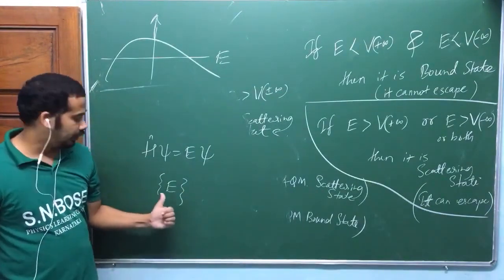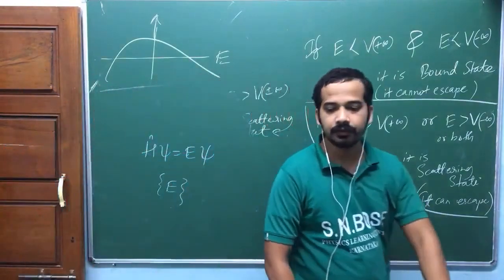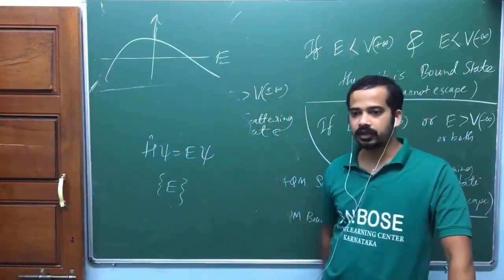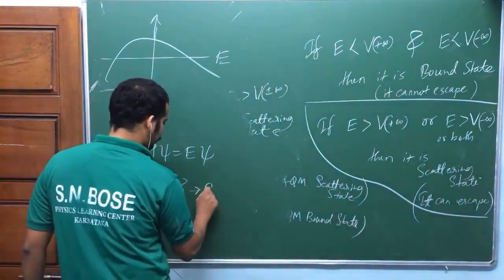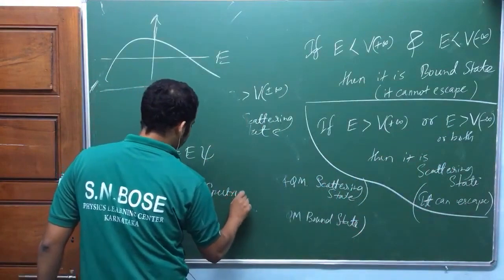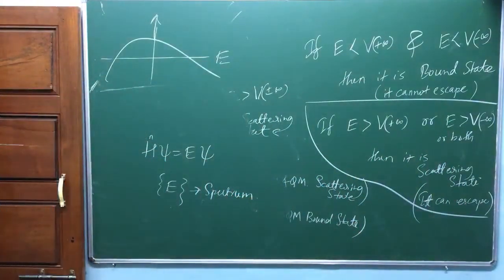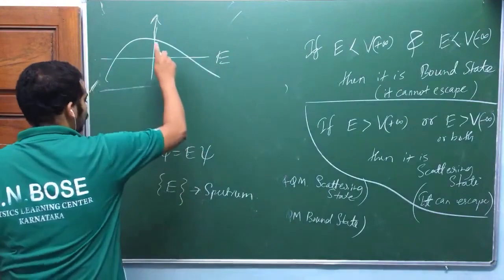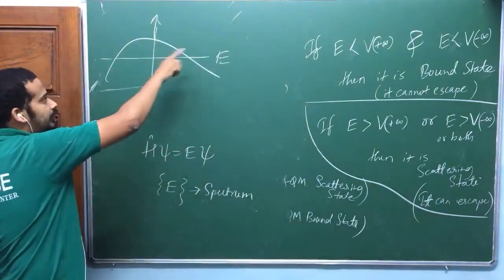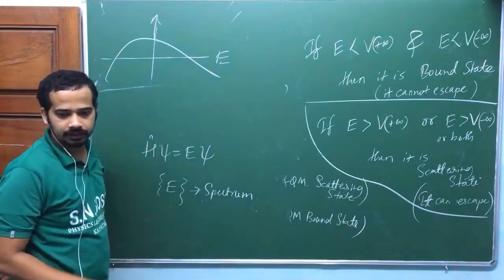If energy values are continuous, just like in case of a free particle, we call it continuous spectrum. These energy eigenvalues are called a spectrum. Now we say this one will allow only continuous spectrum, am I right? Always scattering state, am I right?